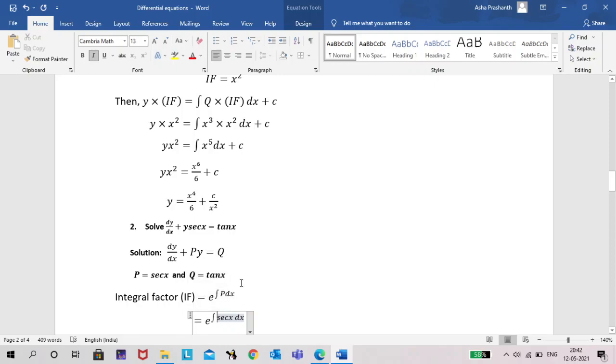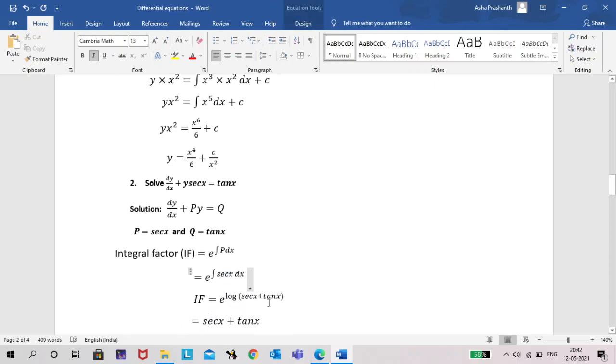After this we should write the integral factor. The integral factor is equal to e to the power of integration of p into dx. Okay. So integration of secant x is what? Log of secant x plus tan x. Okay, so e to the power of log of secant x plus tan x. I already explained e to the power of log of f of x can be written as f of x only.